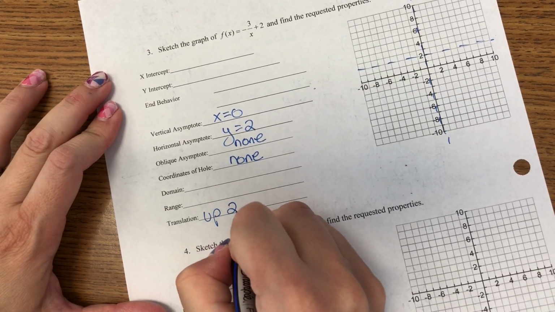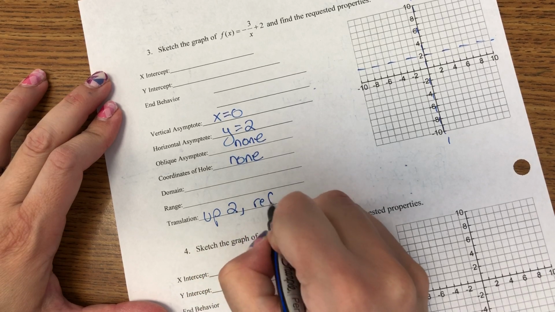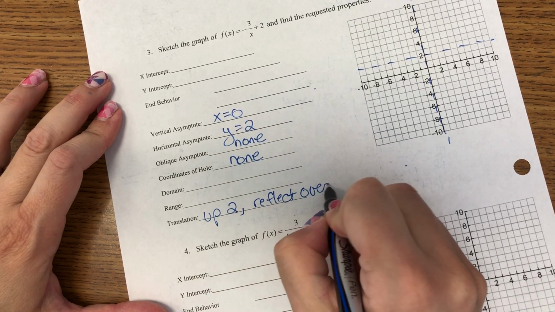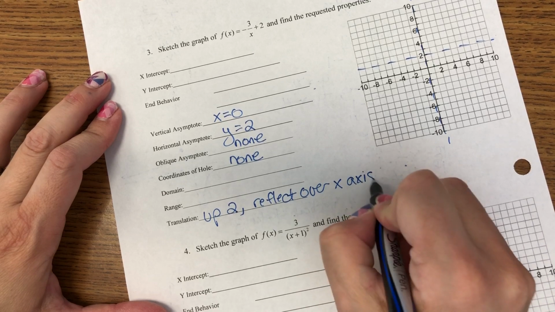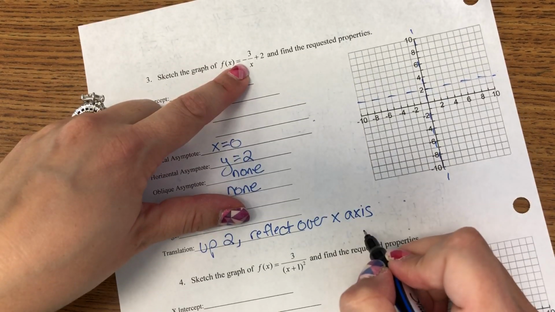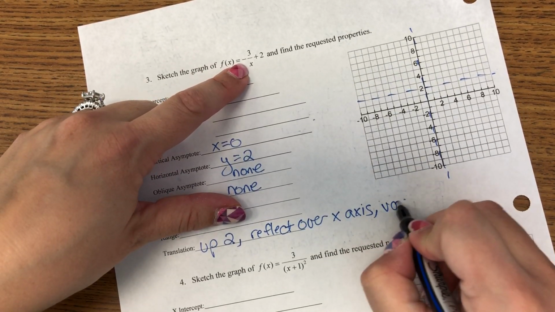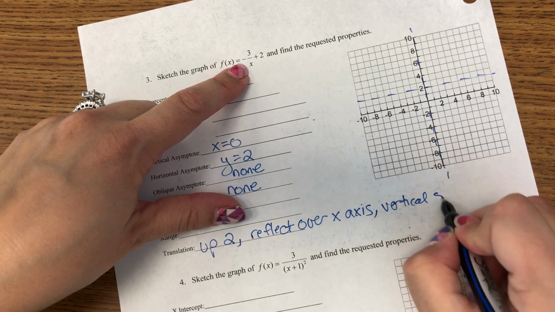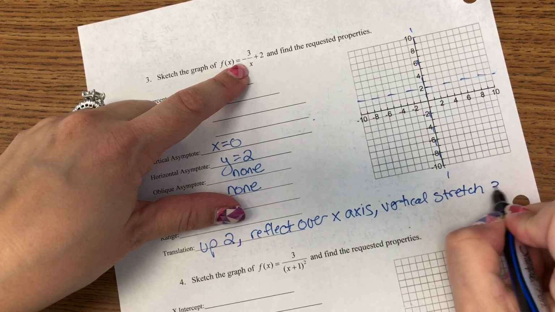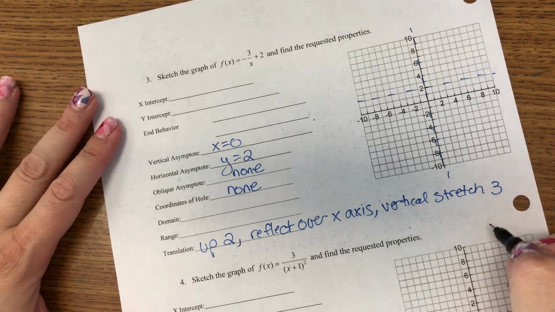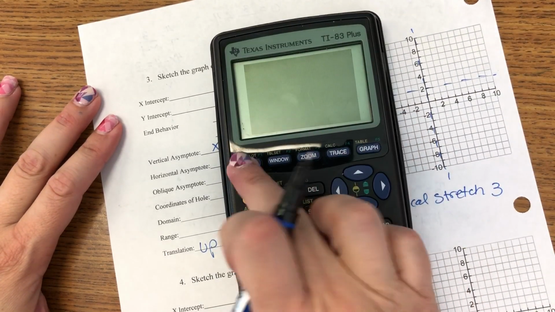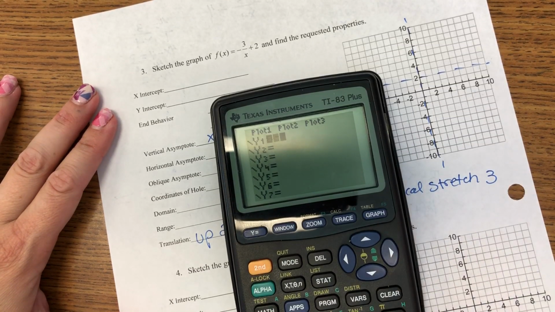We're going to go up to reflect over the x-axis, this negative coefficient, and a vertical stretch of 3. We can graph it to see what it looks like.